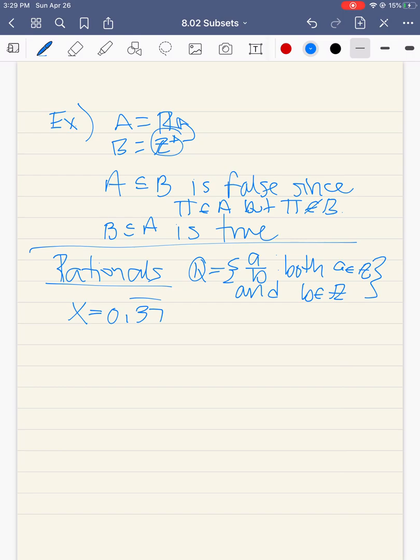I'm going to multiply both sides by 100. So we have 100x is equal to 37.37 repeating. Then I'm going to take the original x value and subtract this.